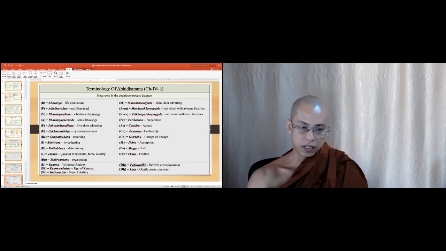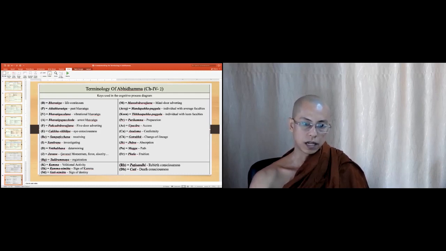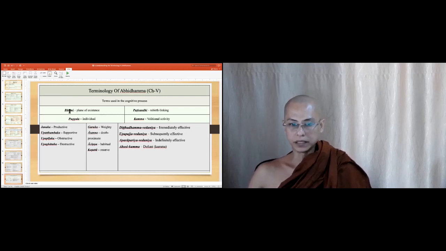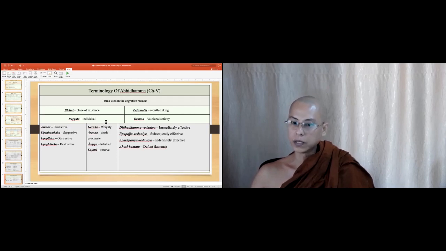This collection will be useful when we study chapter 4, cognitive process, Vithi Sangaha. Then chapter 5, Vithi Mutta, will talk about the Bhumi, the plane of existence, Patisandhi, rebirth linking, Puggala, individual, and Kamma, volitional activity.